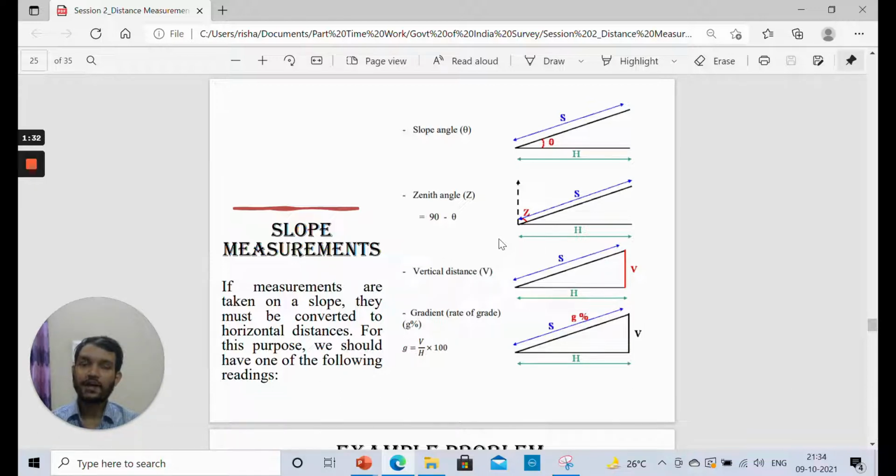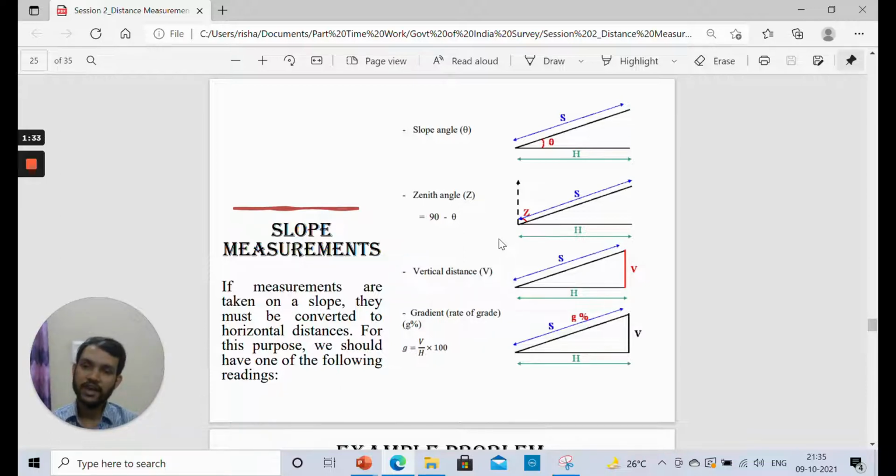By slope angle theta we mean we have measured the slope distance and we have measured the angle theta enclosed between the slope distance and the horizontal distance. Between that sloped land and that horizontal piece of land, if the enclosed angle theta is known to us, then we can easily calculate the horizontal distance between those two stations using s cos theta.